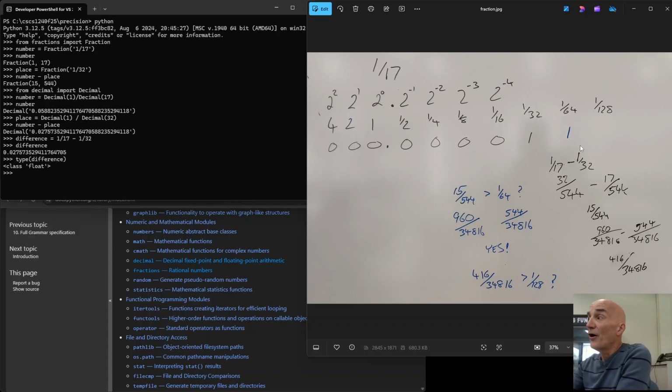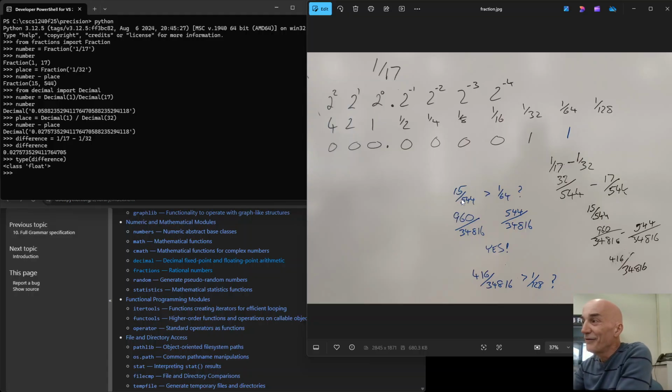Great. Now we keep going and we ask ourselves, okay, are there any 1/64ths in 15/544ths? And so we come over here and we say, okay, there's a question. Find a common denominator again. Multiply 544 by 64, and we find the denominator is 34,816ths.